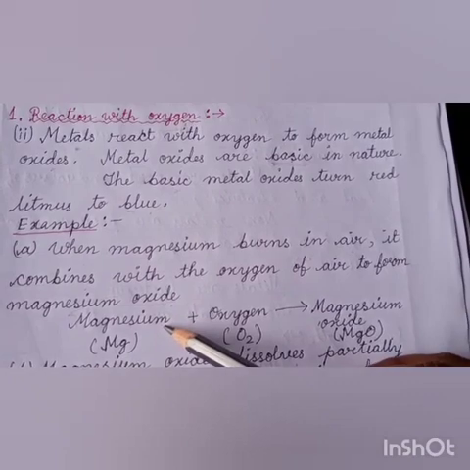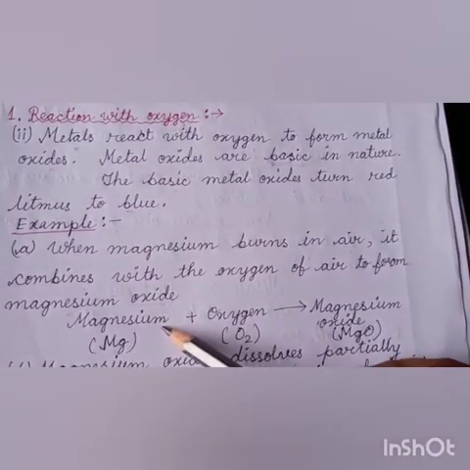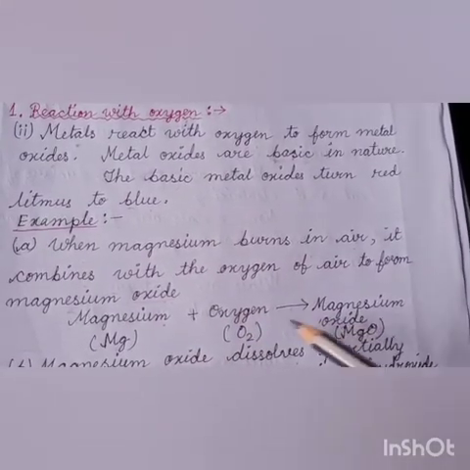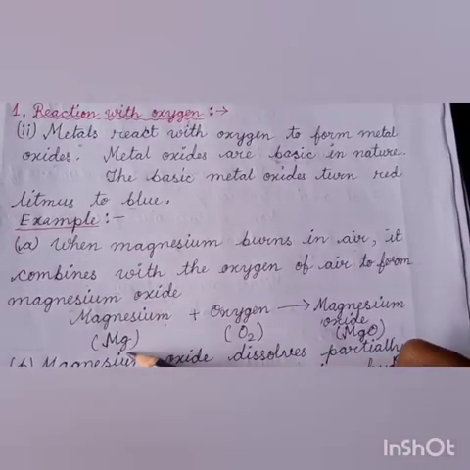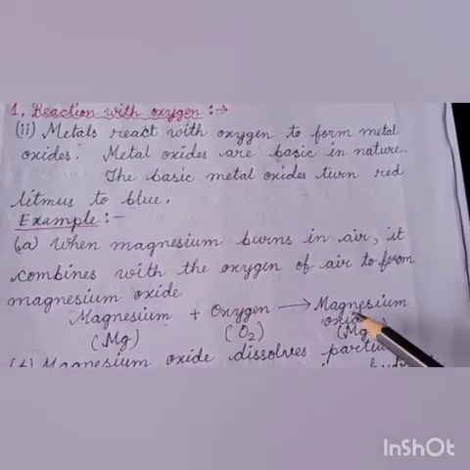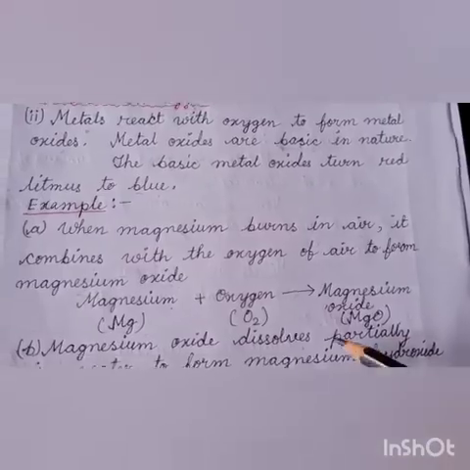This reaction can be written in the form of word equation like this: magnesium plus oxygen gives magnesium oxide. Symbol of magnesium is Mg, oxygen is O2, and formula of magnesium oxide is MgO.